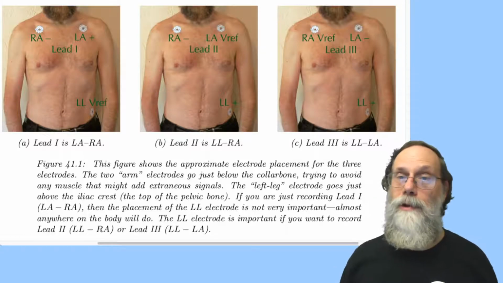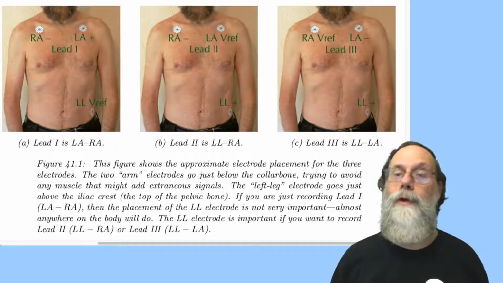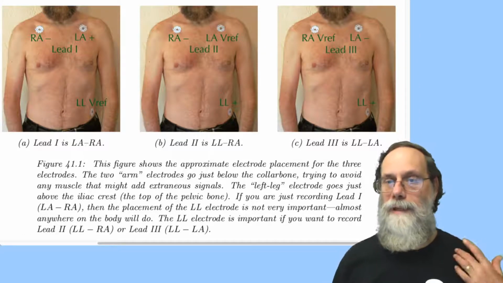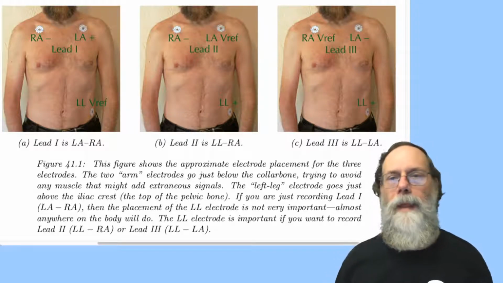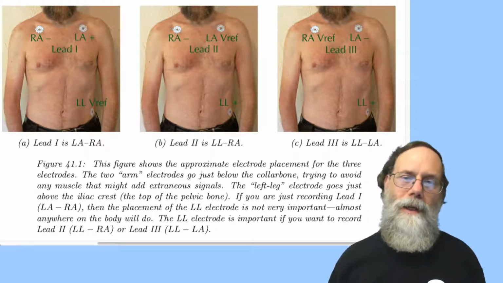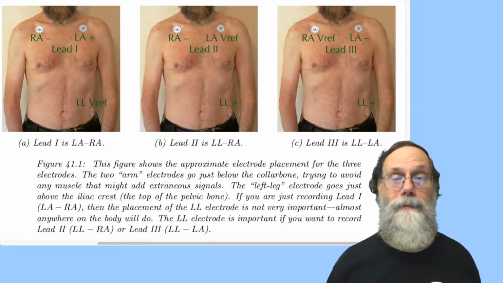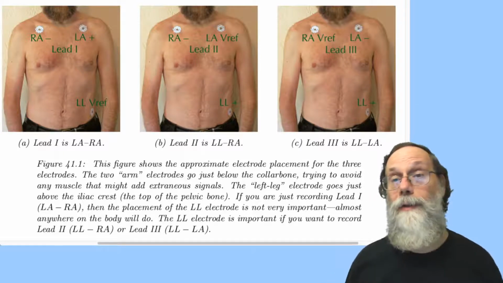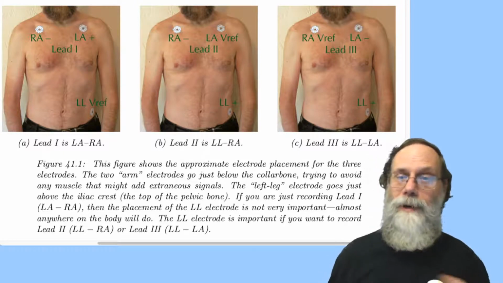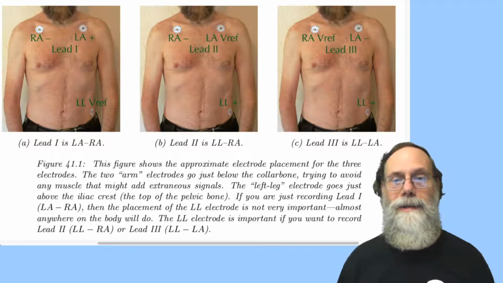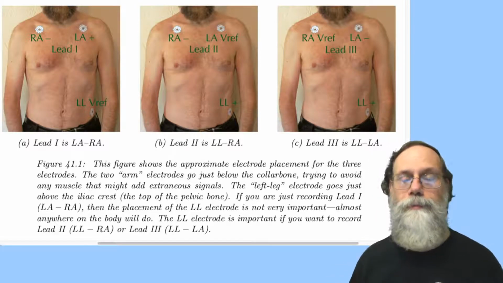And of course, you can also use lead 3, which is looking vertically, left leg minus left arm. So it's looking for a downward motion. One of these three is likely to give you a good signal, so you can play with all three and see which one. It's just a matter of rearranging the clip leads to get the different leads.